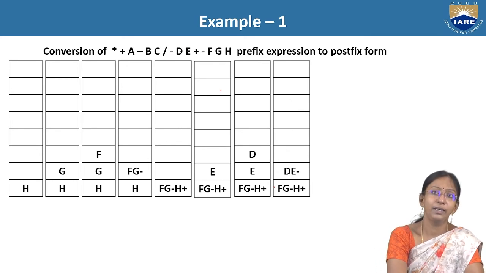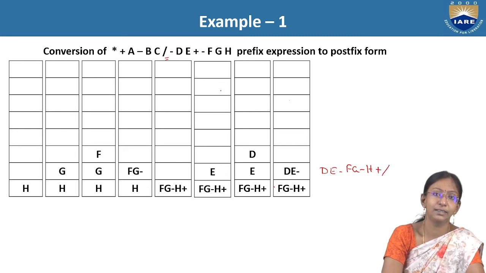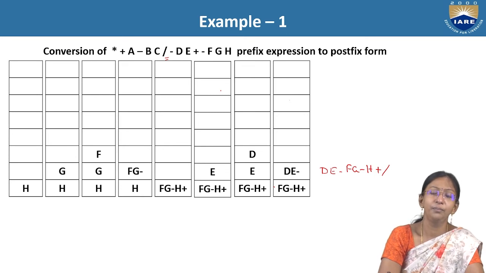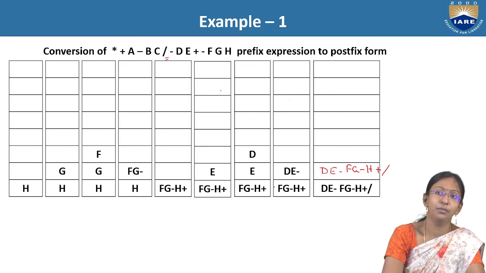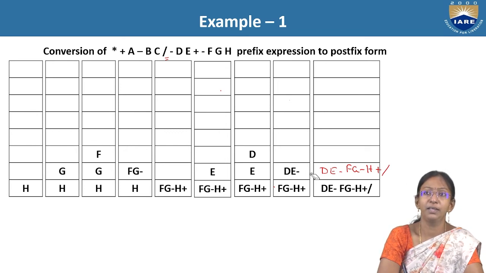Now I am going to encounter slash, which is division. How is it going to happen? Very simple. D, E, minus is the first operand. F, G, minus, H, plus is the second operand. Slash is the character that gets concatenated. So merge them and push it into the stack. Just cross-check: D, E, minus, F, G, minus, H, plus, slash. This is how we are going to convert.